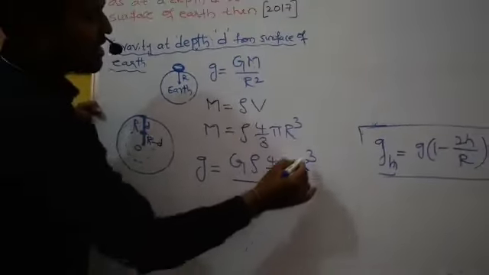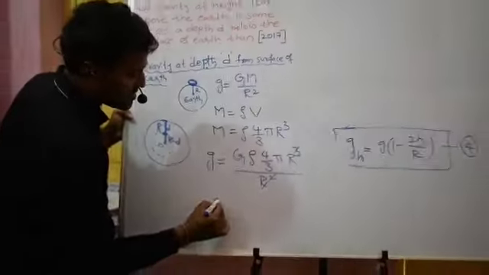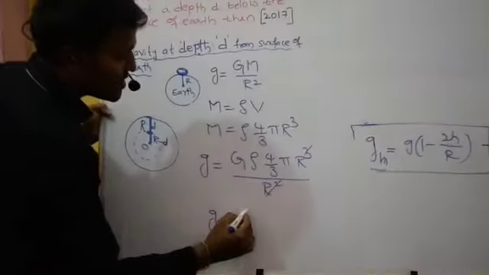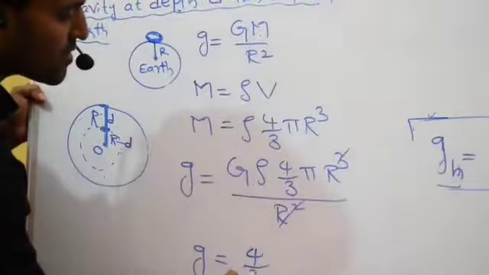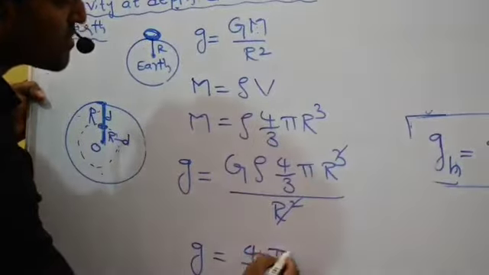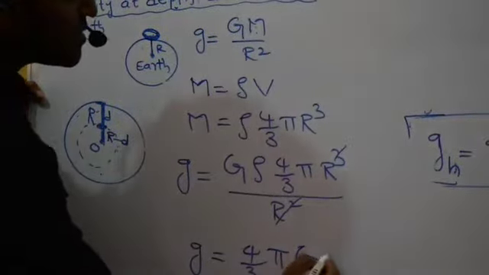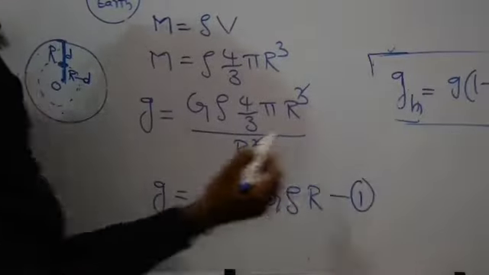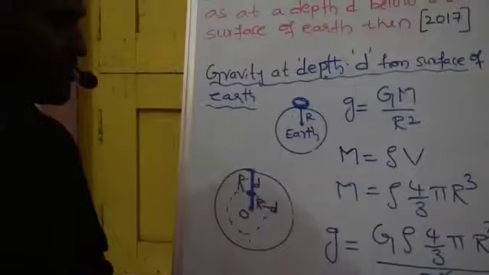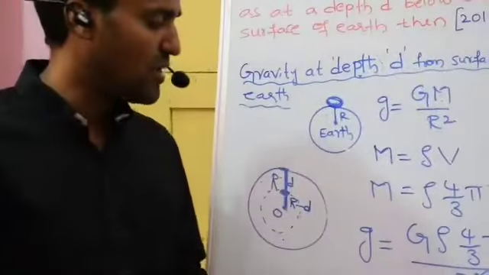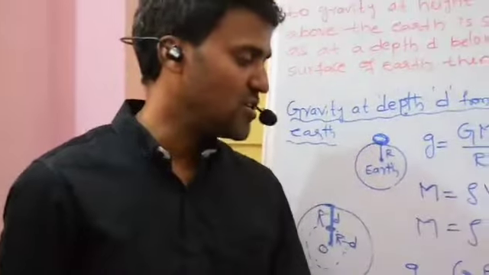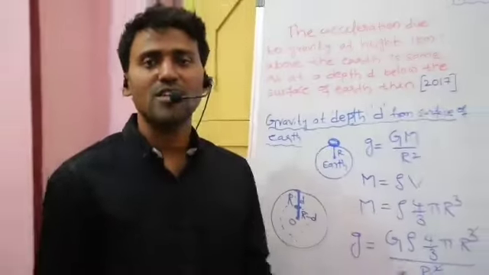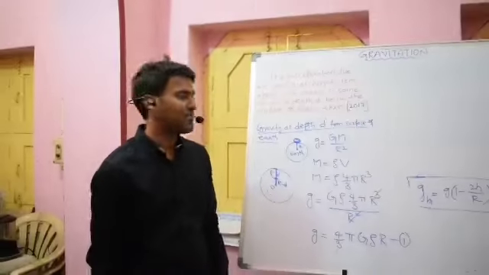R square and r cube get cancelled. g is equal to 4 by 3 pi G rho r. It is equation number 1. Gravity on the surface of the earth, g is equal to 4 by 3 pi capital G rho r. Here rho is nothing but the density of the earth.